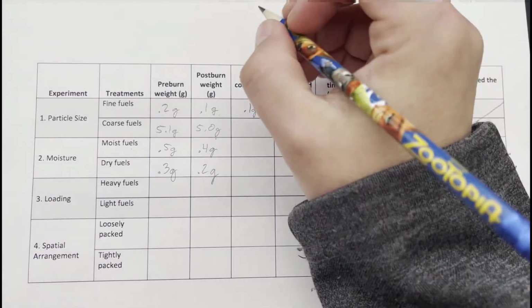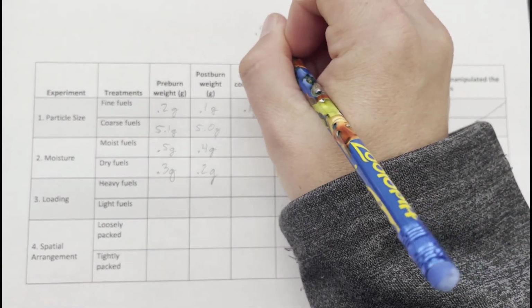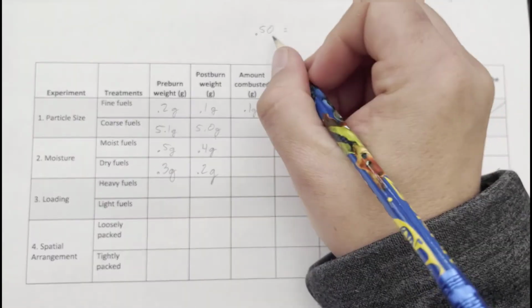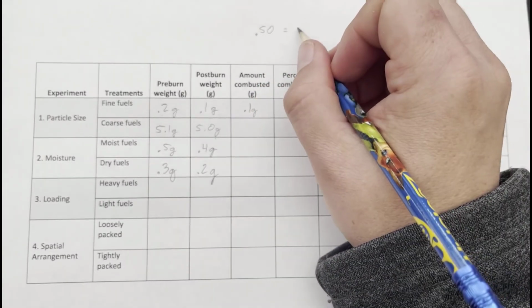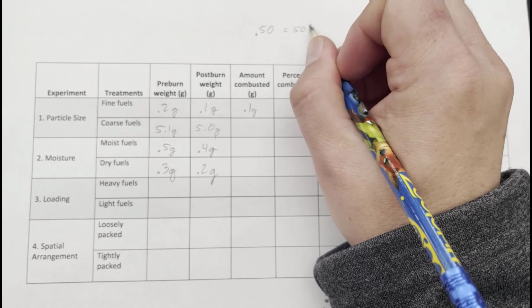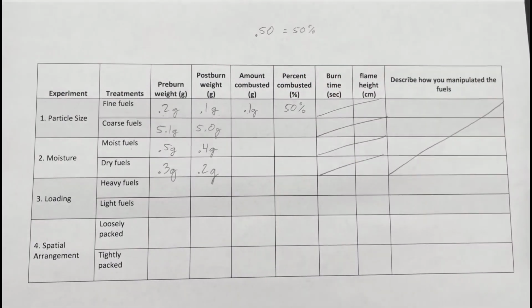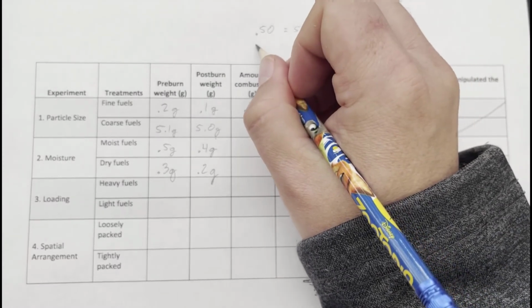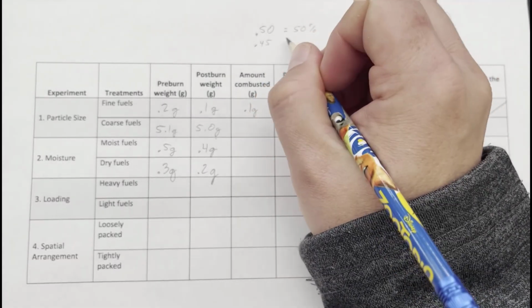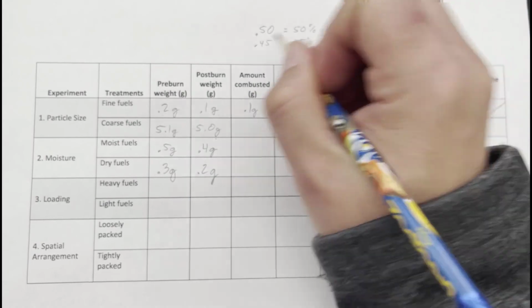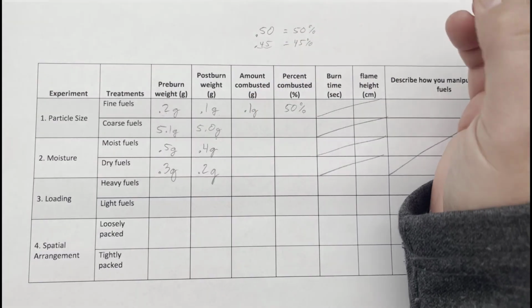Now 0.5 is equal in percentage, remember, we have to move the decimal over twice, to 50%. So I have 50% combusted. If I had gotten like 0.45, that would be equal to 45% combusted because we're moving the decimal twice.